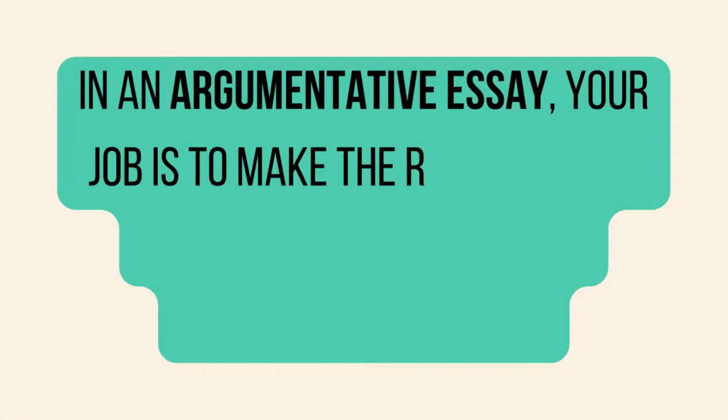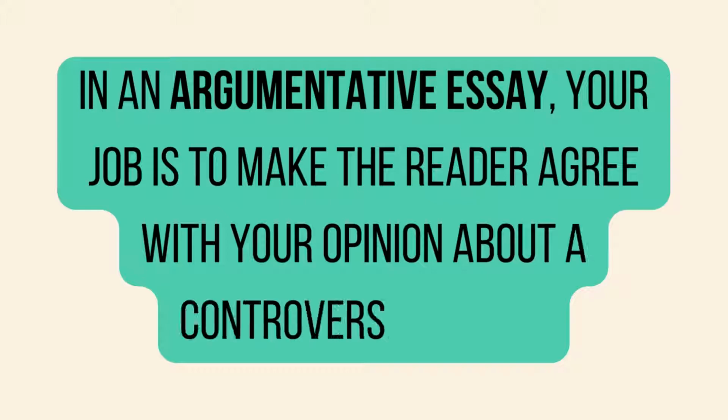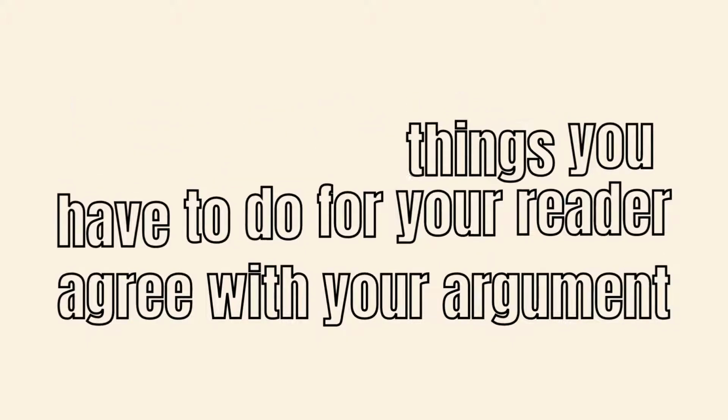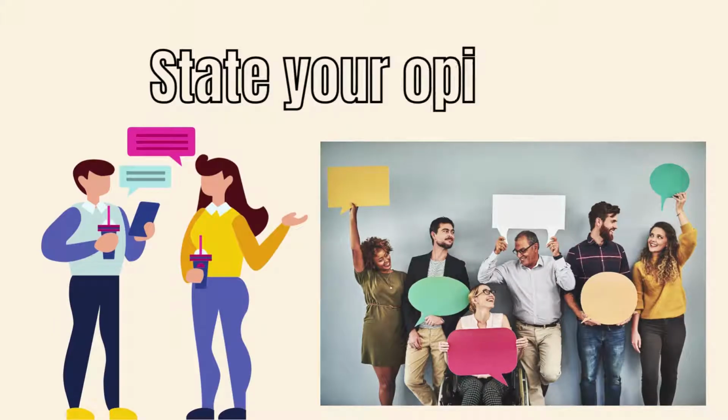In an argumentative essay, your job is to make the reader agree with your opinion about a controversial topic. These are the things that you have to do for you to be able to get a reader to agree with your argument. First is to state your opinion.